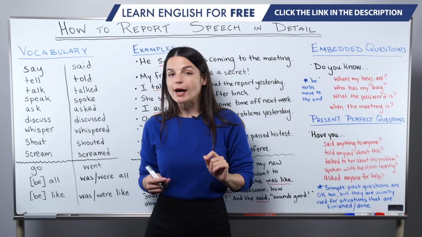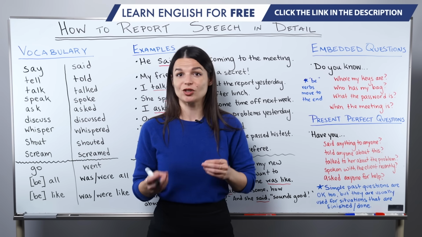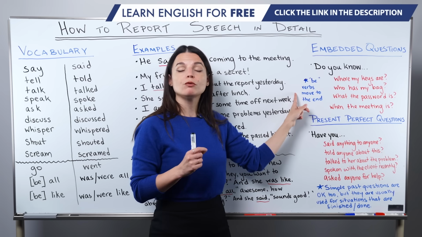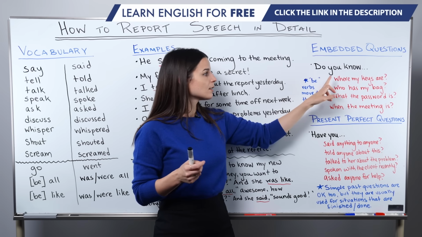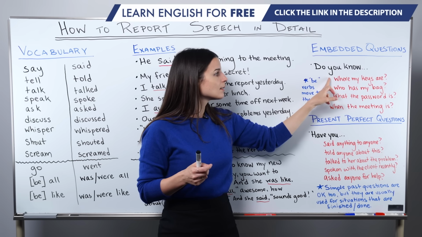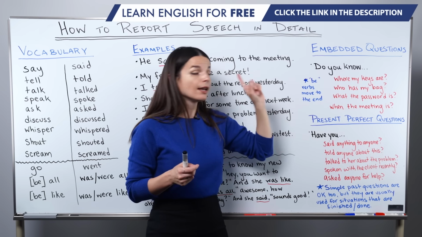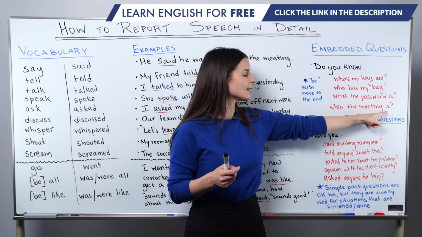And there's another pattern to be very, very aware of when you practice making embedded questions for the first time. Be verbs move to the end of the question in embedded questions. So what does that mean? Let's look at these three example sentences. These all have a be verb: are, is, and is.